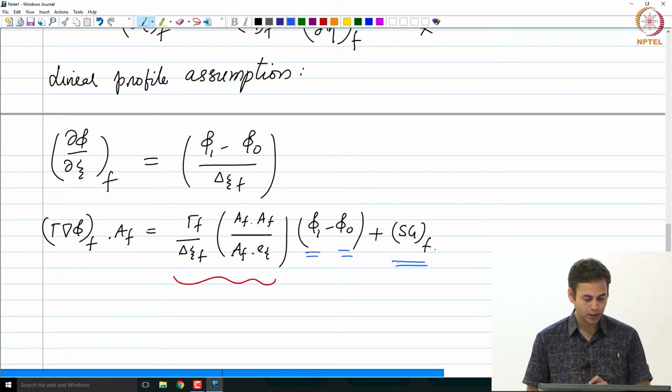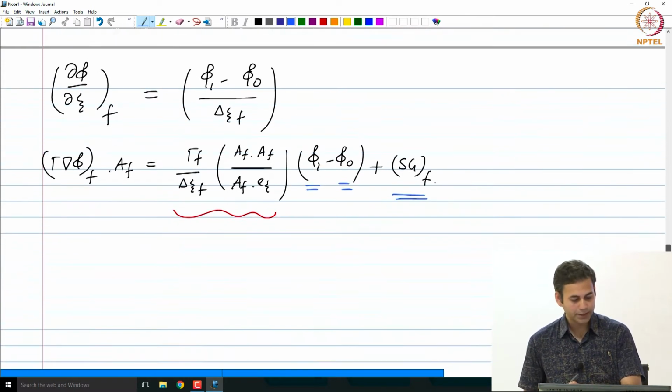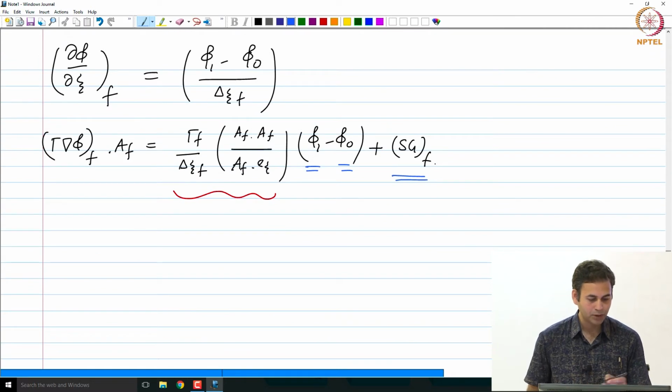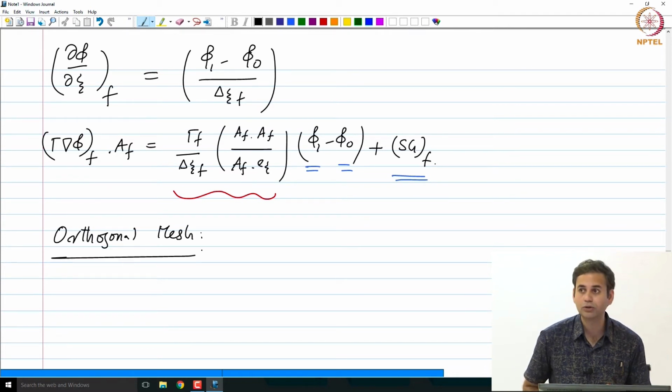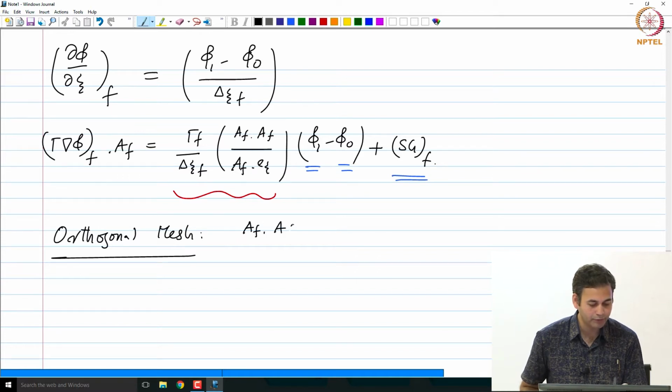Fine. So, let us say if we have an orthogonal mesh, what would be this coefficient that we have, this a f dot a f by a f dot E xi?